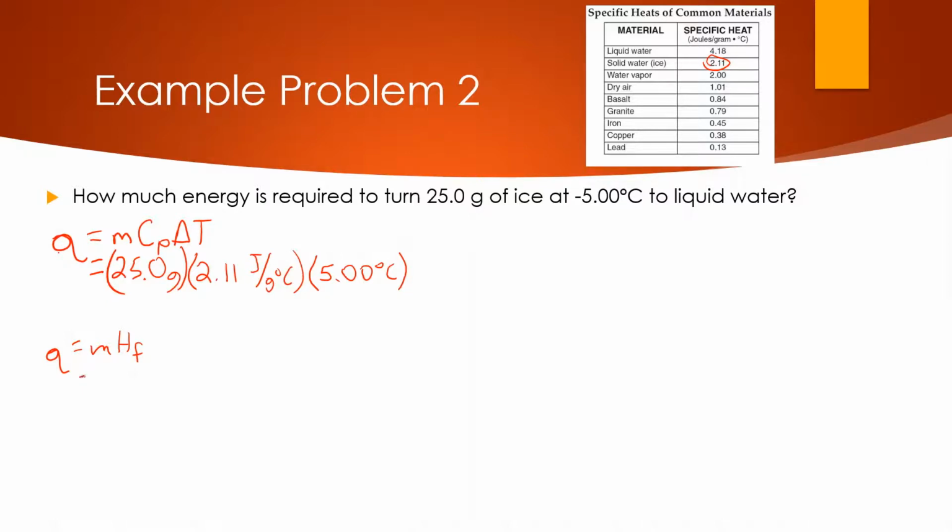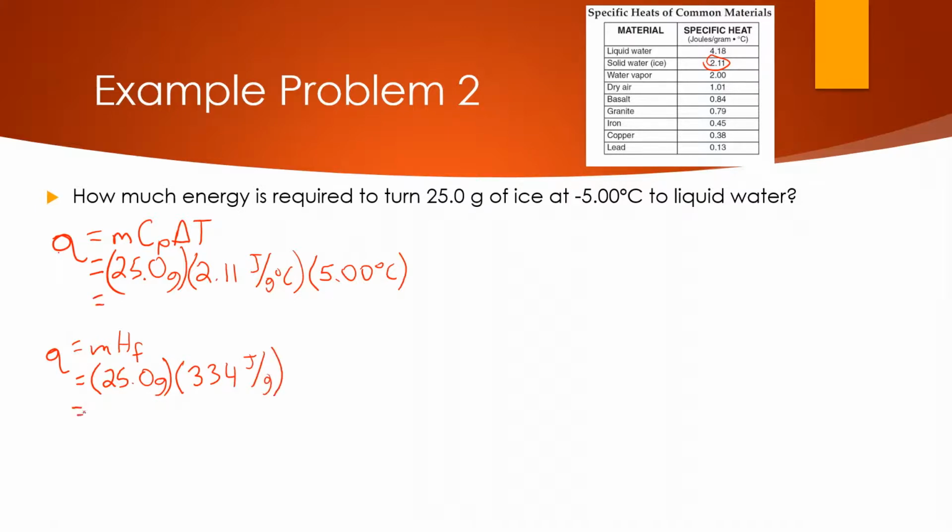Okay, now for the heat of fusion, we have 25.0 grams, and the heat of fusion, if you remember, is 334 joules per gram.